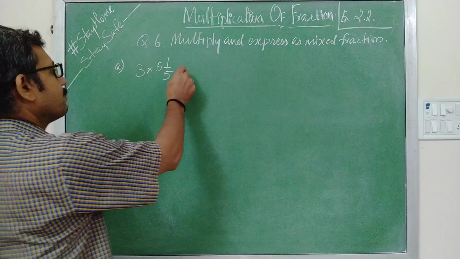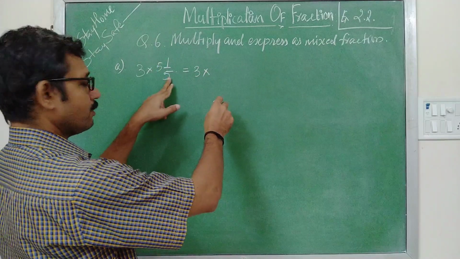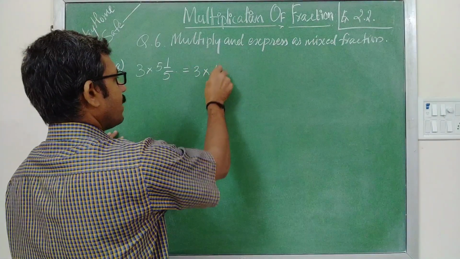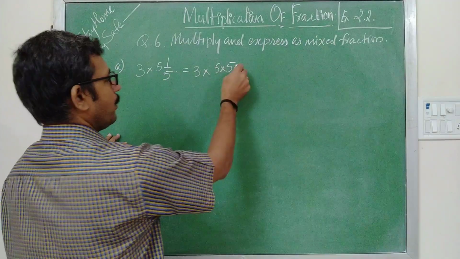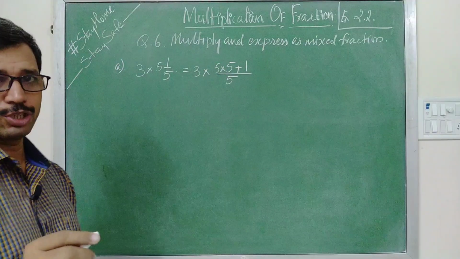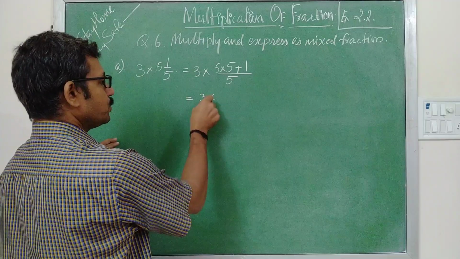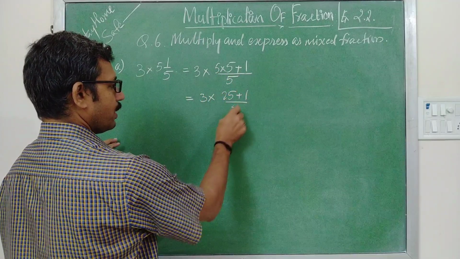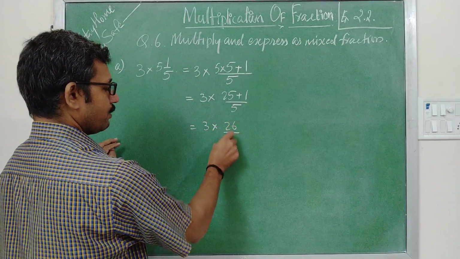So 5 integer 1 upon 5 we write as 5 into 5, that is denominator times whole number plus the numerator, upon the denominator. So it is 3 into 25 plus 1 upon 5, that is 3 into 26 upon 5.